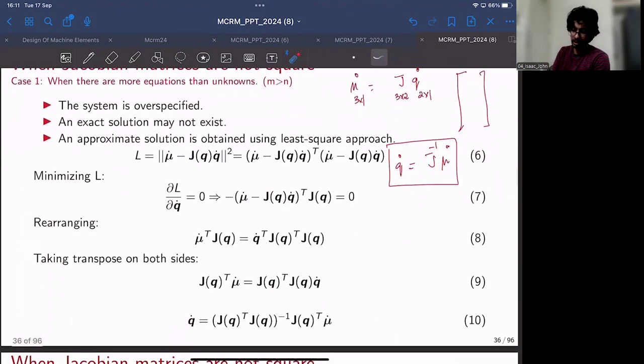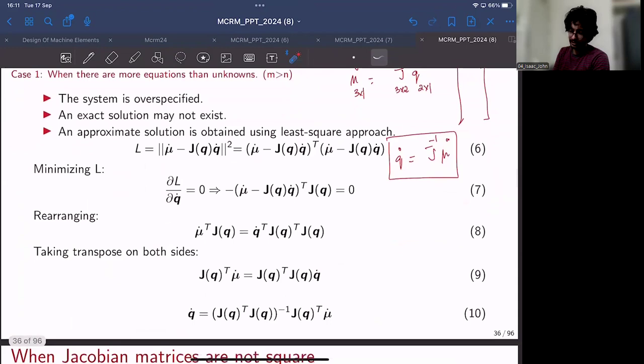It is J transpose J, the whole inverse, multiplied by J transpose. So you will get an approximate least squares solution. You won't get an exact solution, but it's a least squares solution for what would be your control input or actuator Q dot, for a given mu dot.